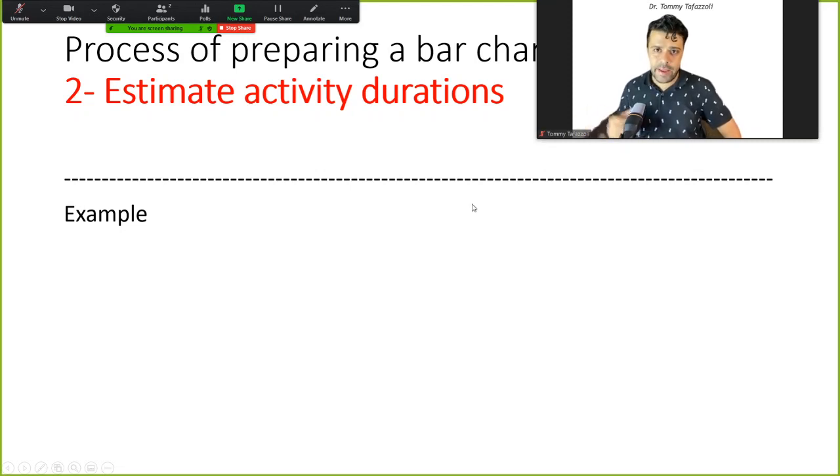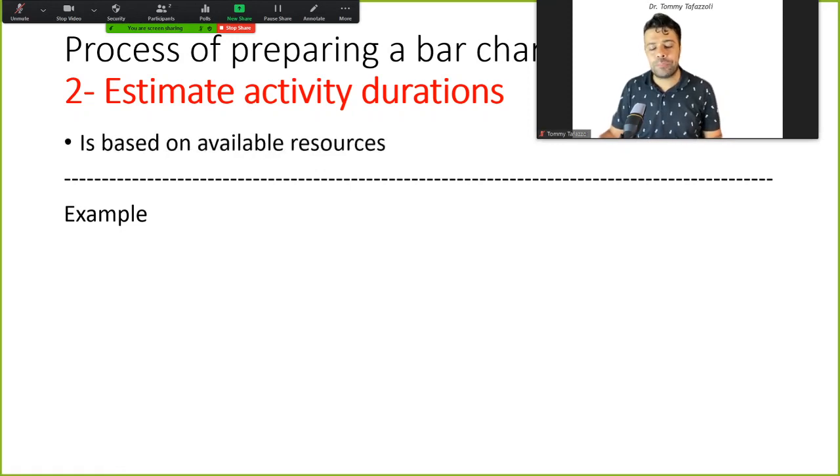Now, estimate activity duration. If we know our activities, now we have to know how long each one takes, or their durations, because that is a required item for making a schedule. You can use different methods to estimate how long your activity will take.